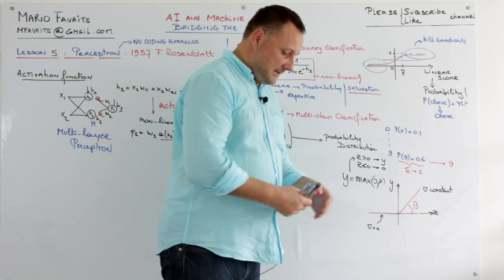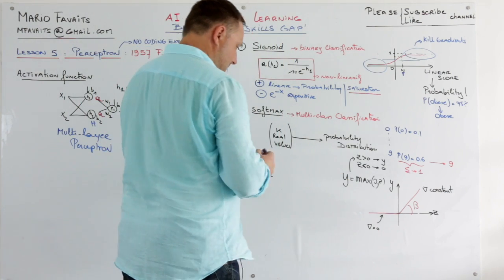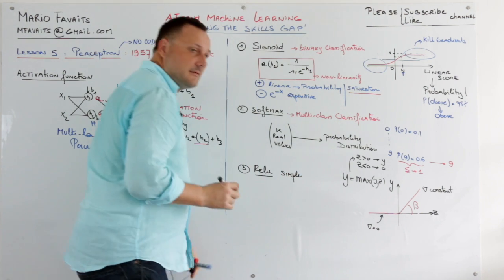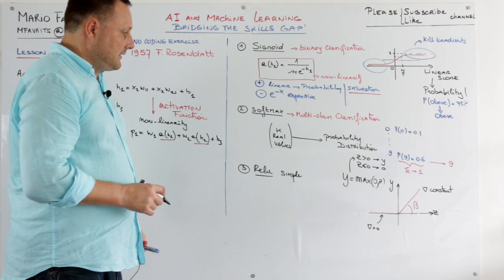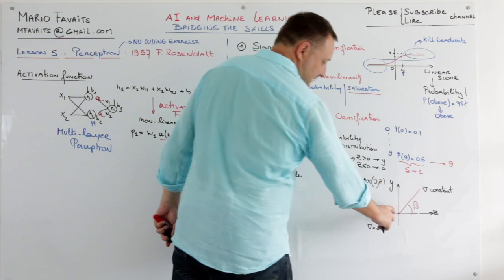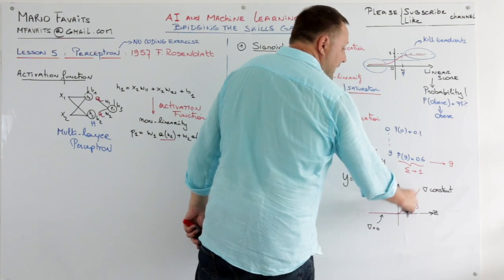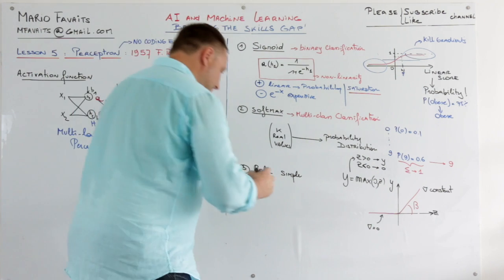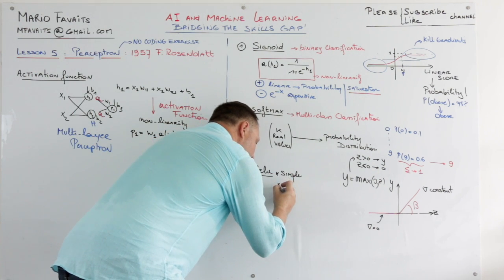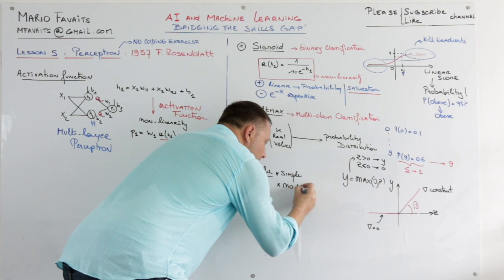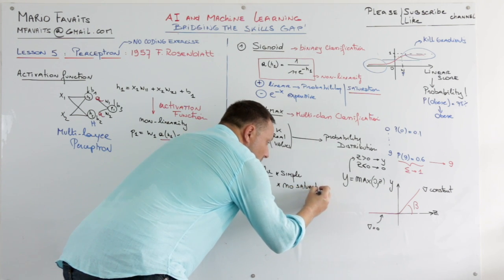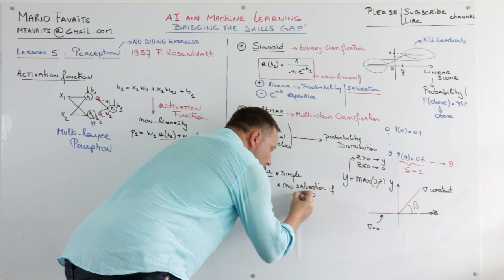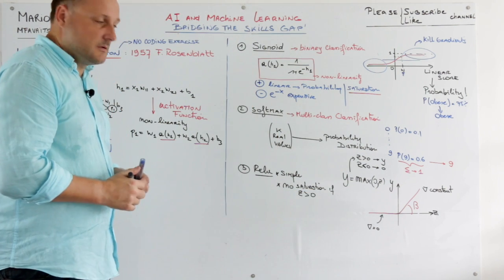First of all, it's a simple activation function. The gradient is 0 when z is negative or 0, and the gradient is constant when z is positive. So it's simple, and there is no saturation if z is bigger than 0.